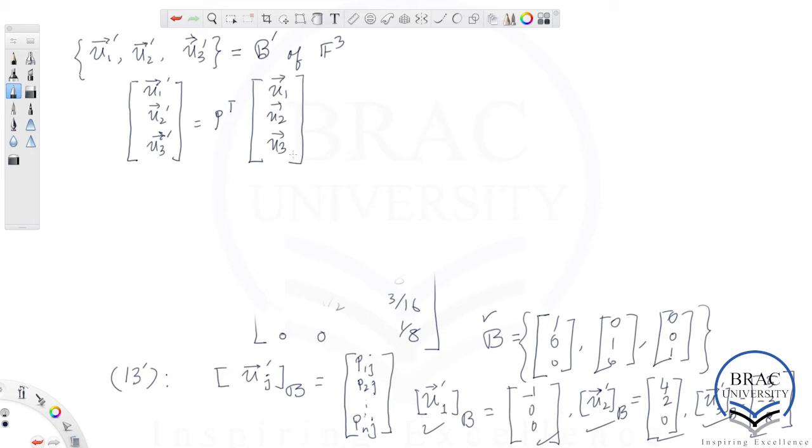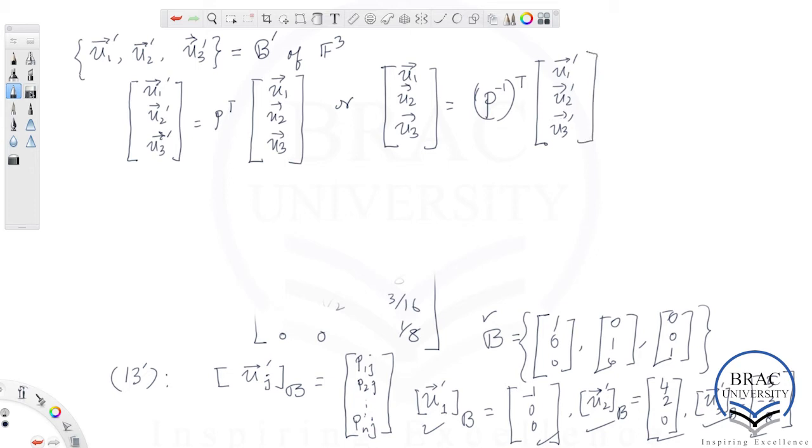From which it follows that the unprimed vectors can be written in the following way: the transpose of P inverse times the prime vectors.